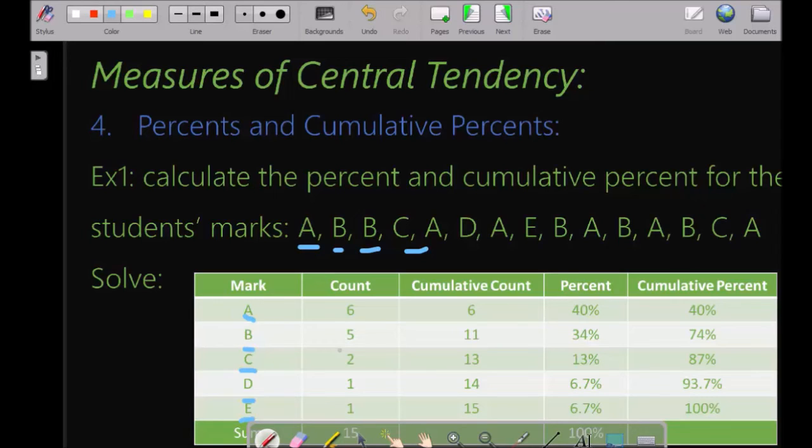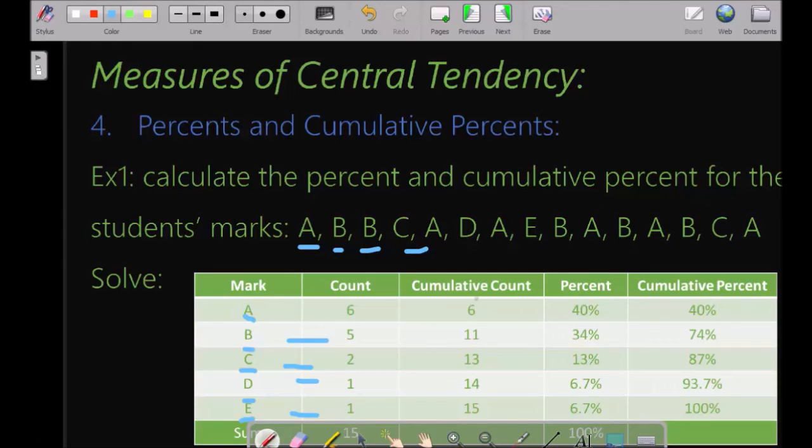You can try it by yourself, and after all, you won't work it by hand, you will do it by software. But as I told you, it is really important to think about how we got this idea. We have 6 A's, 5 B's, 2 C's, 1 D, 1 E.